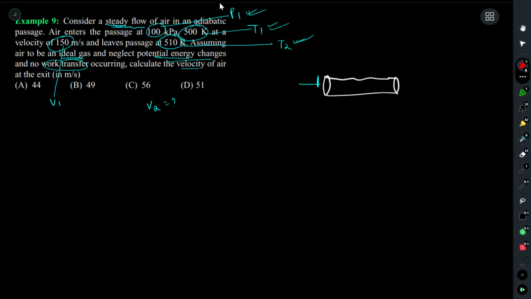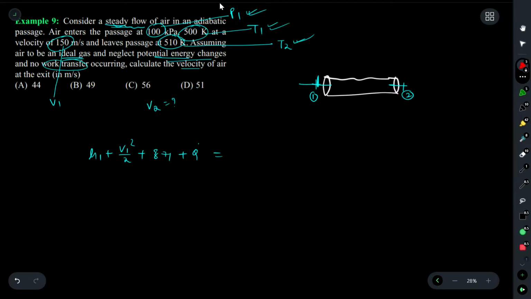Steady flow energy equations we have already derived, so I can write that down over here. Taking the inlet as state point 1 and the outlet as 2, I can write h1 plus V1 square by 2 plus g z1 plus Q dot, equal to h2 plus V2 square by 2 plus g z2 plus W dot.